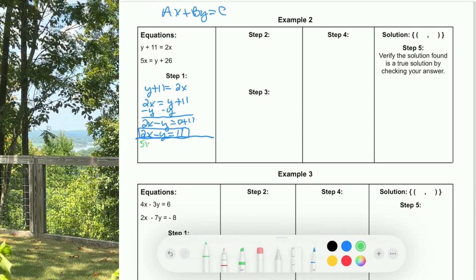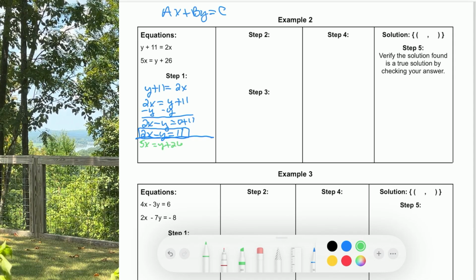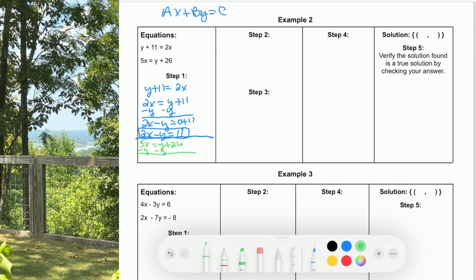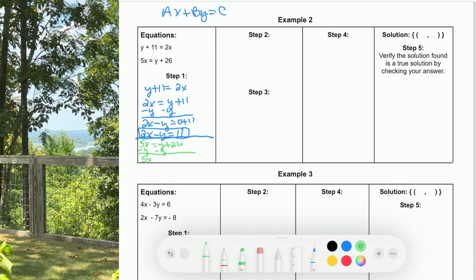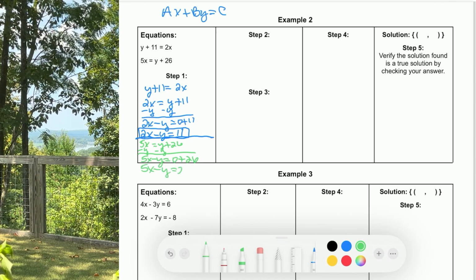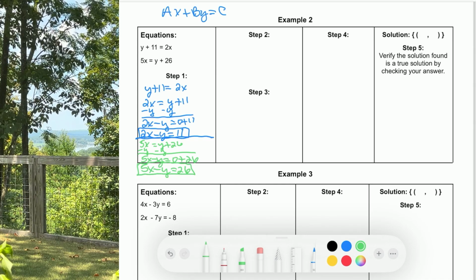So we have 5x equals y plus 26. Again, I need to subtract my y to get it on the same side. So I get 5x minus y equals 0 plus 26. And I get 5x minus y equals 26. That's my other equation here.